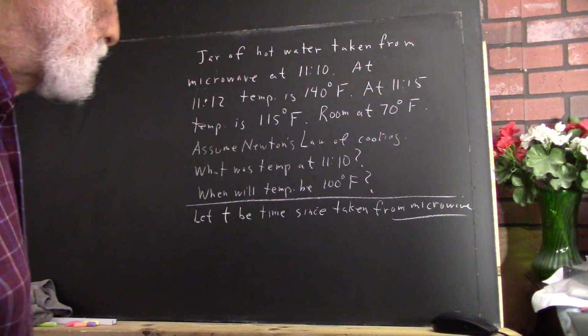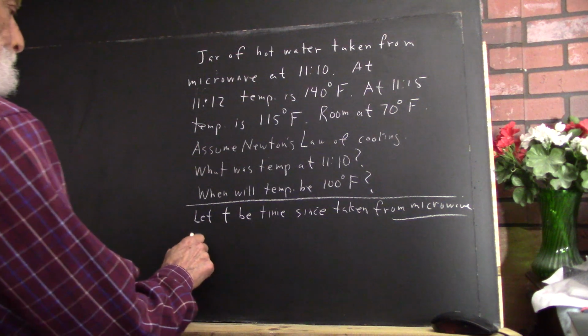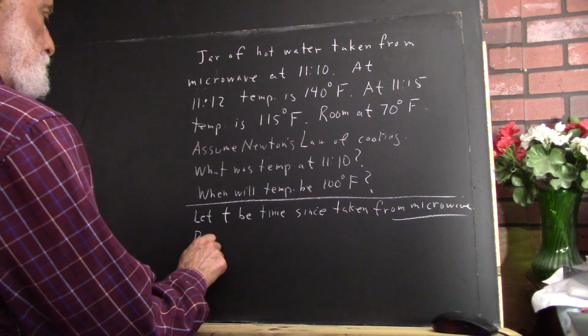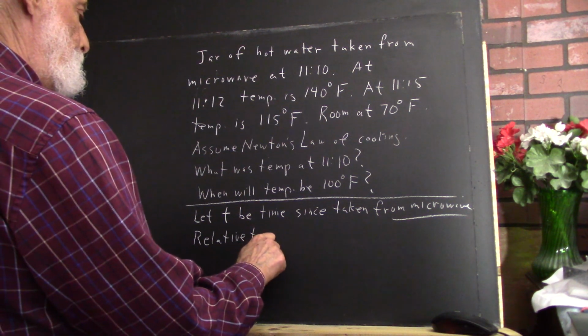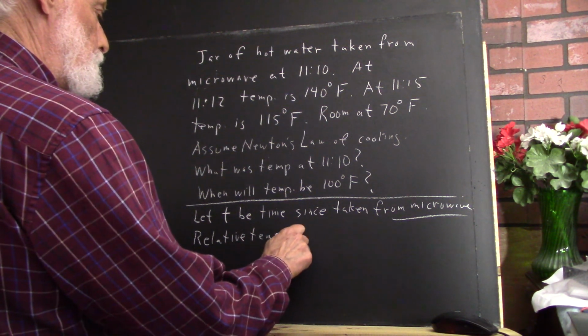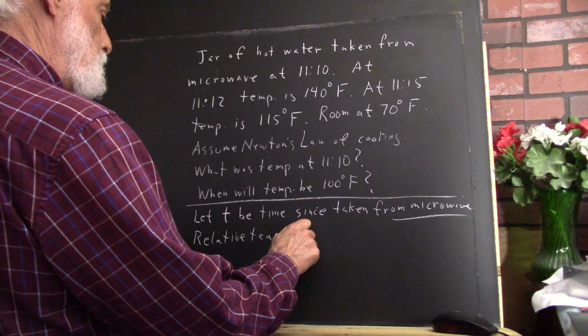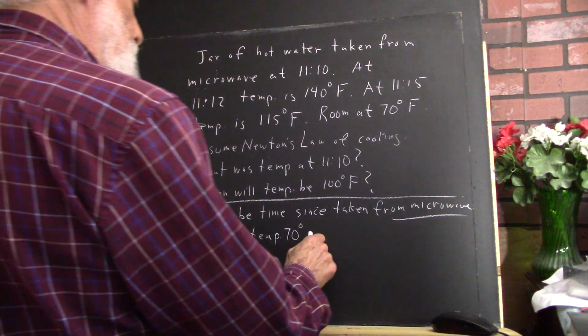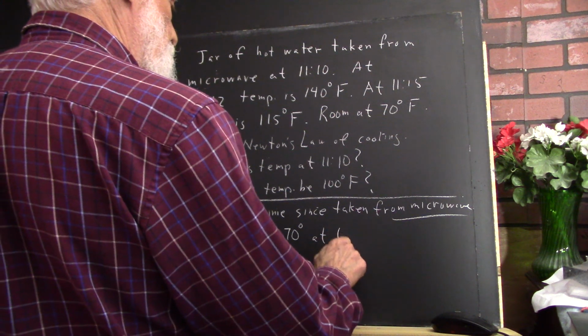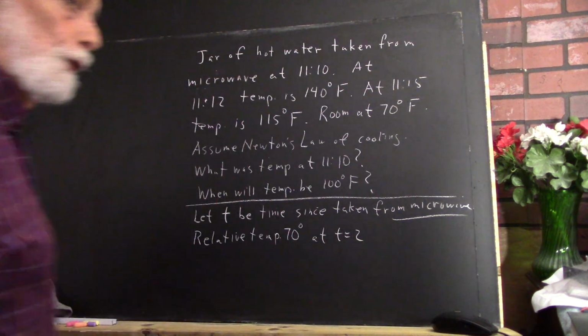So I'm going to say relative temperature is 70 degrees at T equals 2.